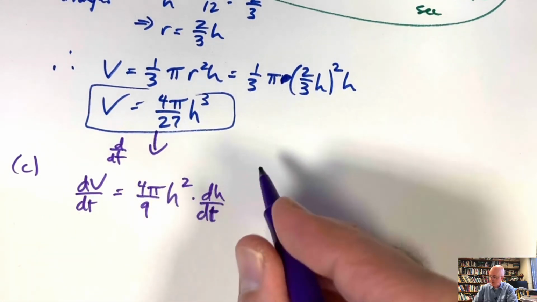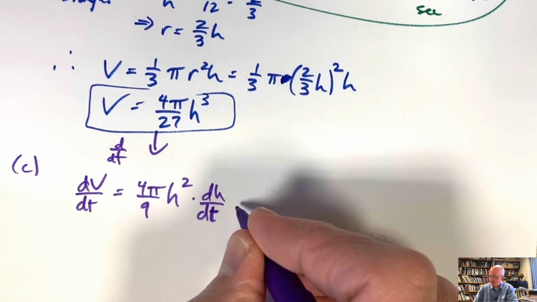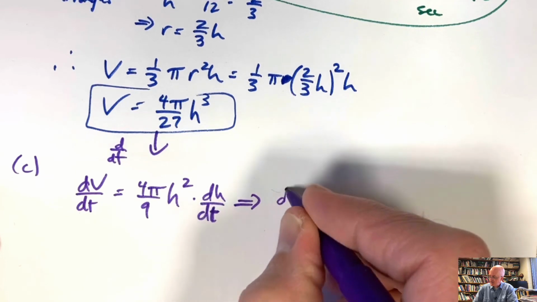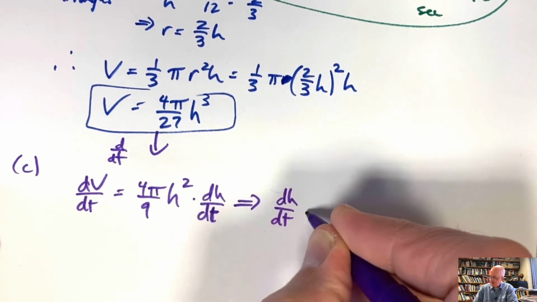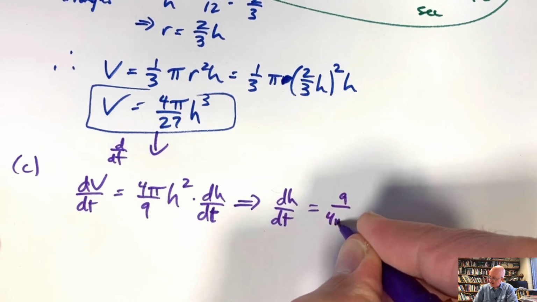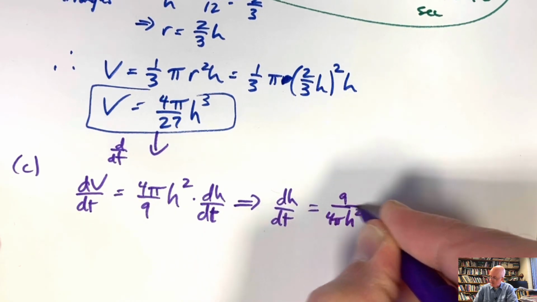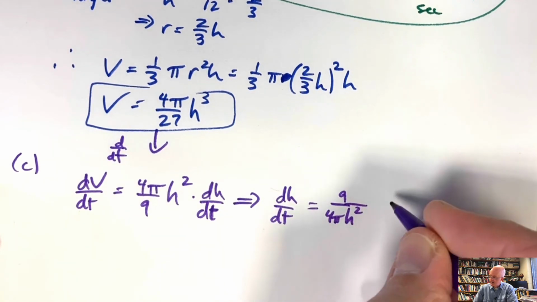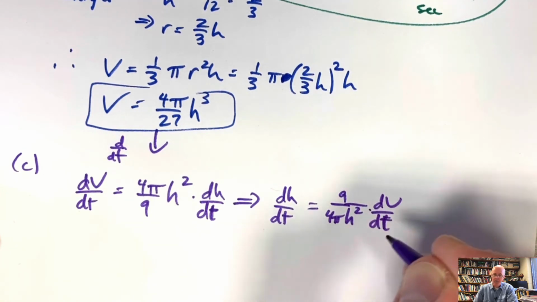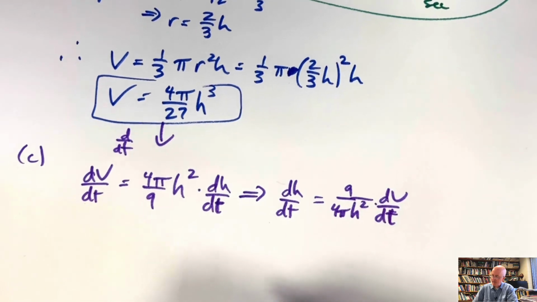We don't use the equation as is, though I could plug the numbers in right now. I don't have to. Looks like dh/dt would be 9 over 4 pi h squared in the bottom times dV/dt. And I could put that dV/dt up in the top of the fraction as well.